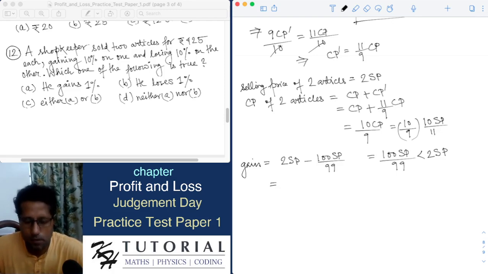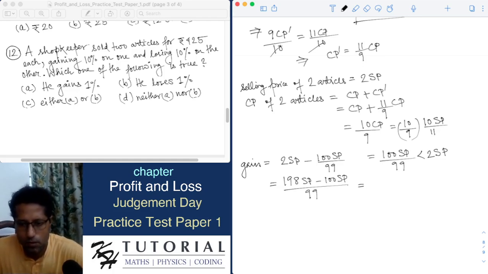This equals 198 SP minus 100 SP divided by 99, which is 98 SP by 99. Gain is this.